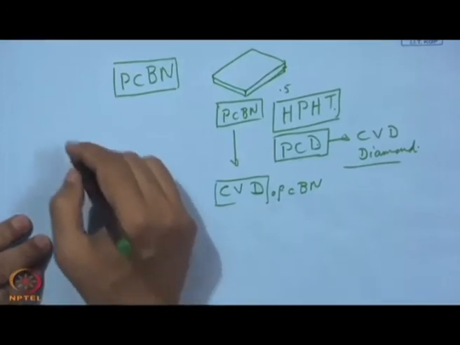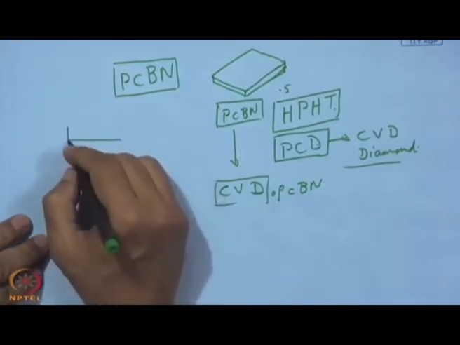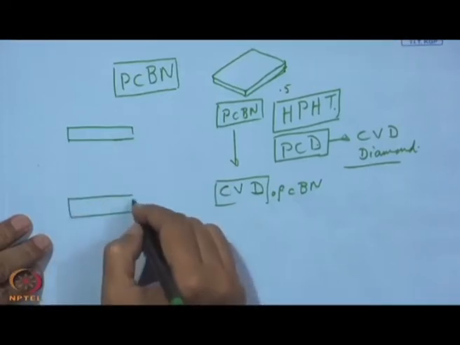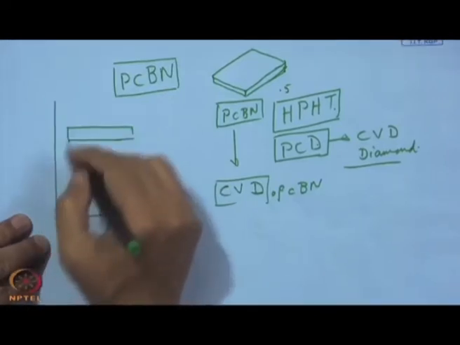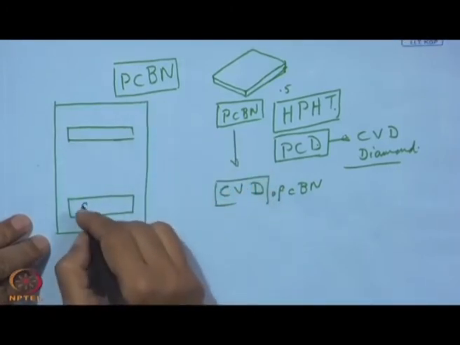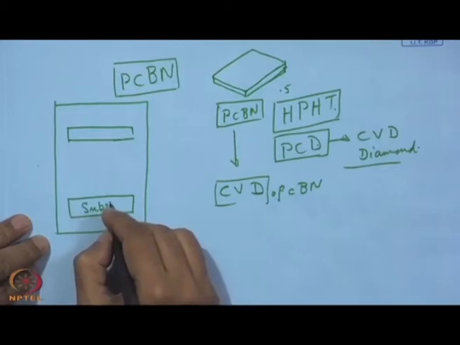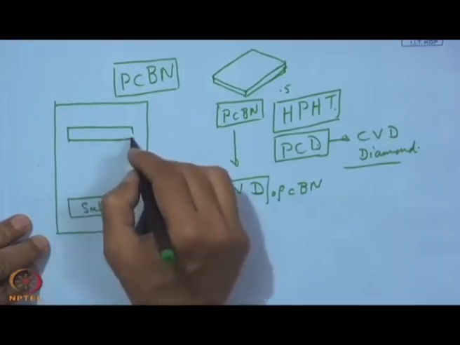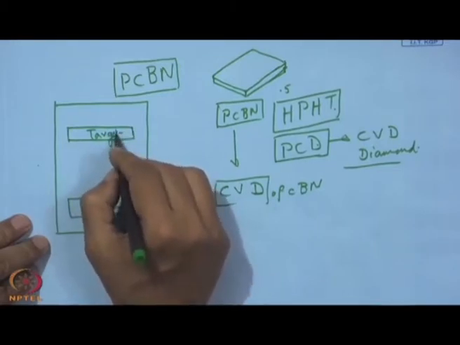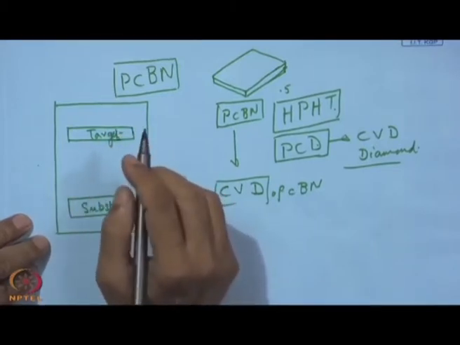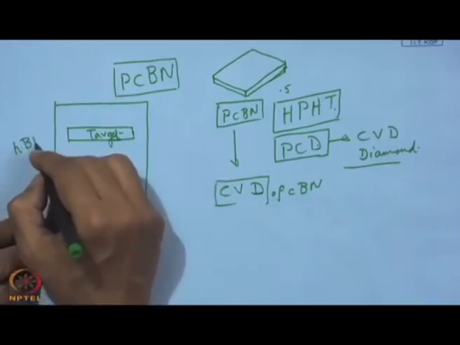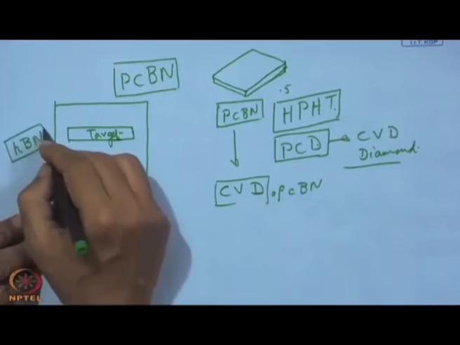Here the whole idea is, if this is the target and there we have the substrate, and this target is made of HBN, hexagonal boron nitride.